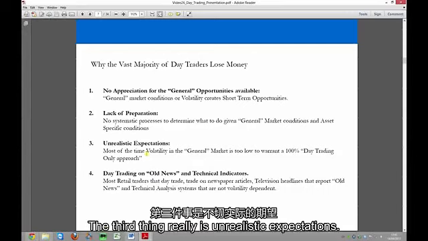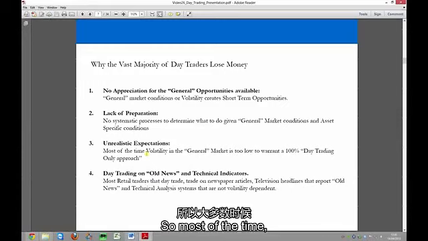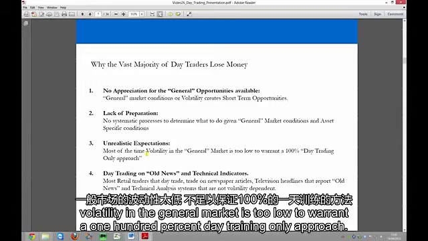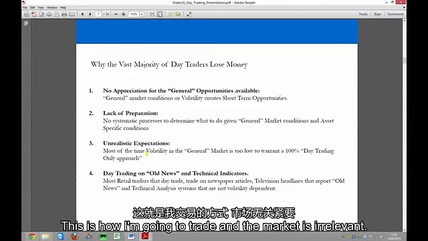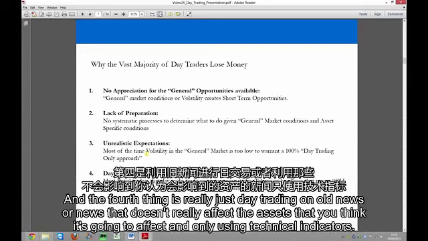The third thing really is unrealistic expectations. So most of the time, volatility in the general market is too low to warrant a 100% day trading only approach. This is the idea, again, that you're dictating to the market what the opportunities are, and you're telling the market, this is how I'm going to trade, and the market's irrelevant. And the fourth thing is really just day trading on old news or news that doesn't really affect the asset that you think it's going to affect, and only using technical indicators.